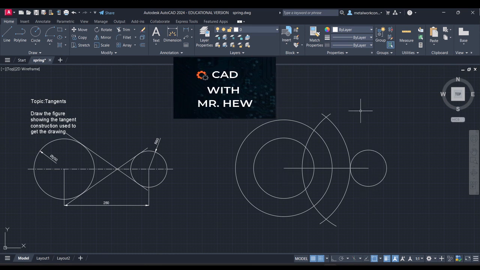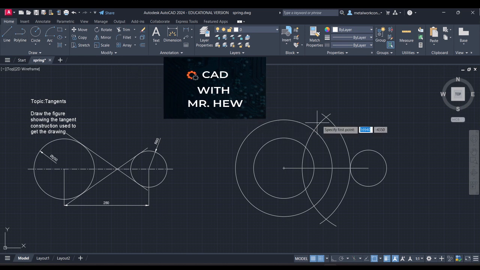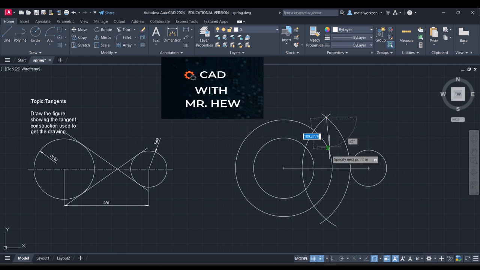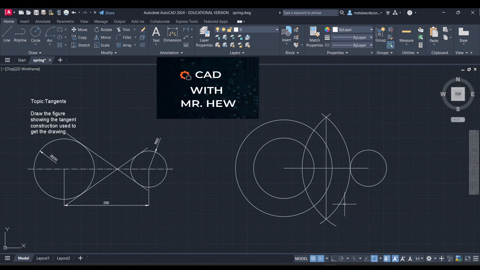The same radius. What we're doing is bisecting the line that connects the centers of the two circles, all right? So we're going to draw a line between where the two arcs intersect. Yes, there, there. Enter, right? So this is a bisector, all right?